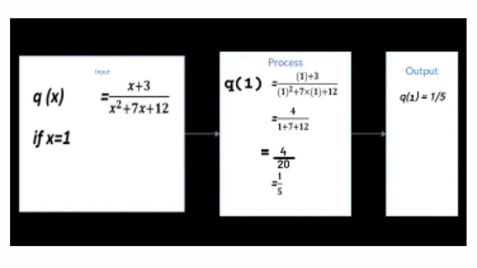So 1 plus 3 equals 4 over 1 plus 7 plus 12 equals 20. So 4 over 20. Therefore, our output q of 1 is equal to 1/5.